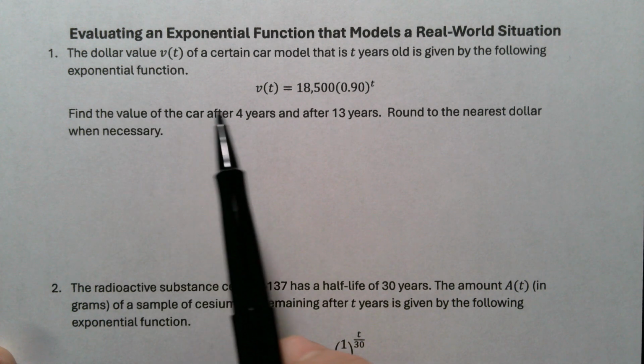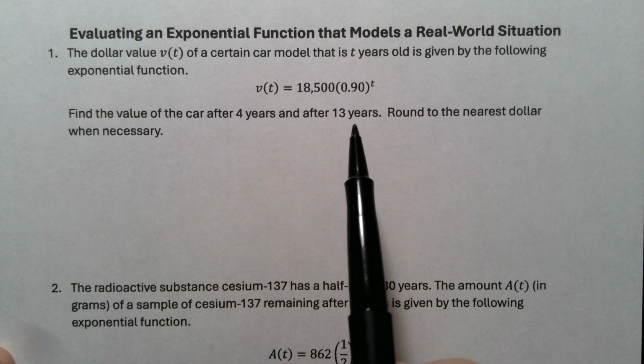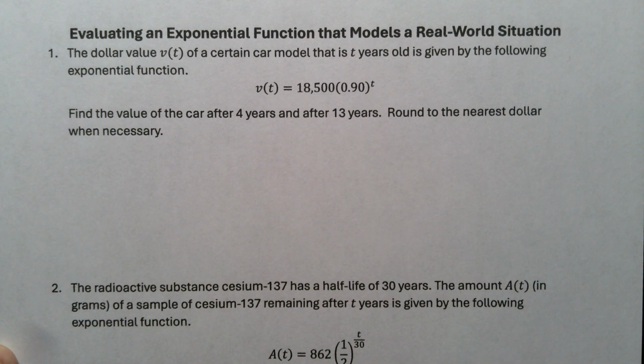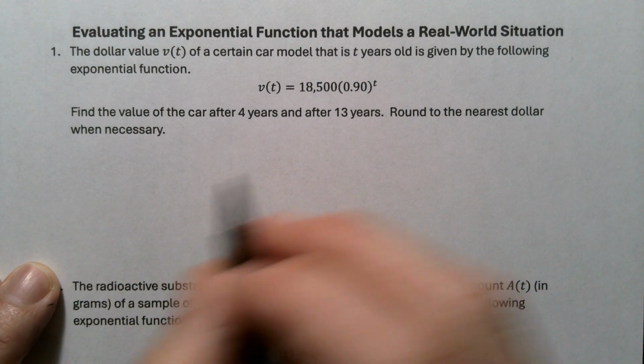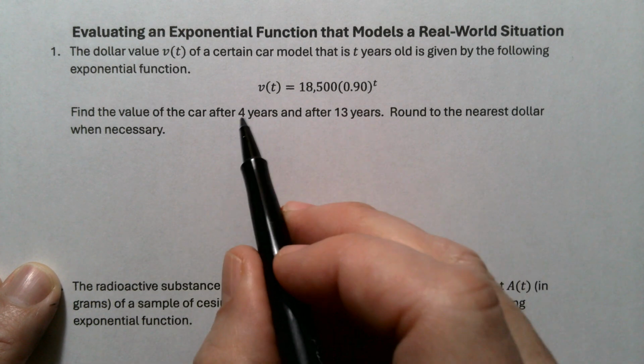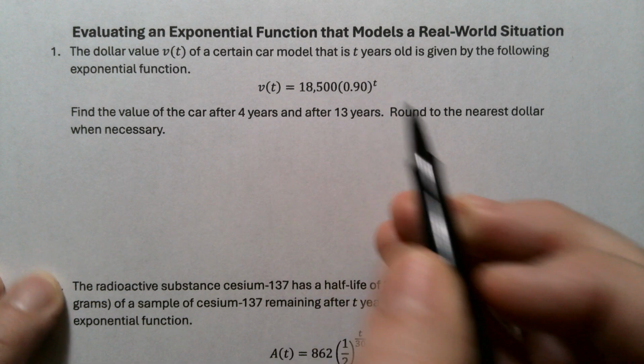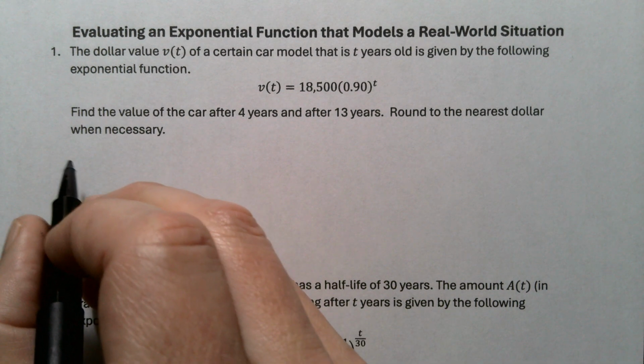So find the value of the car after 4 years and then also after 13 years, and round to the nearest dollar if necessary. Okay, so to find the 4 years and the 13 years, we're simply going to take those numbers and plug them in place of t and then put them in a calculator and get our answer.